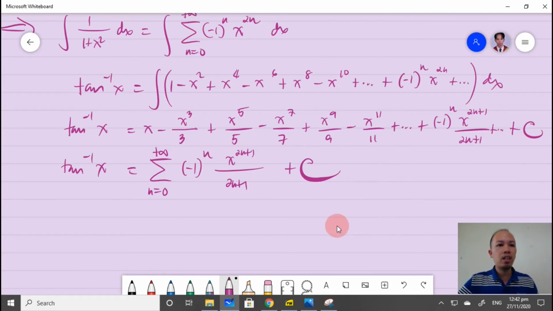So now as you can see, this is the power series representation of the tangent inverse. What will we do with the C here?